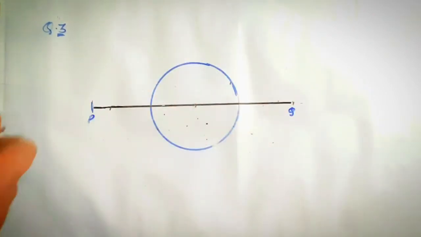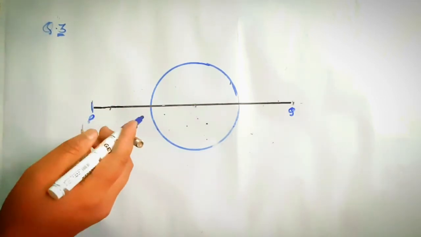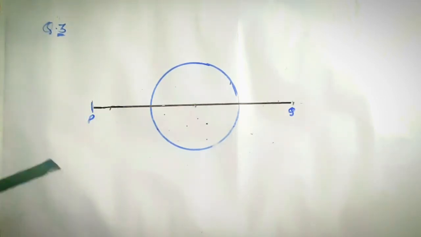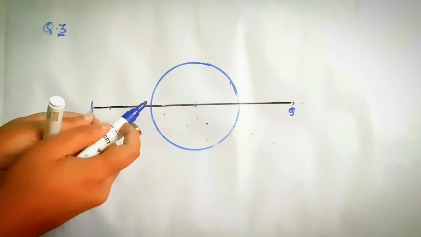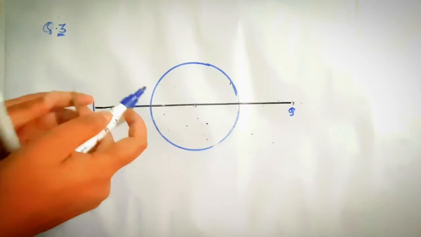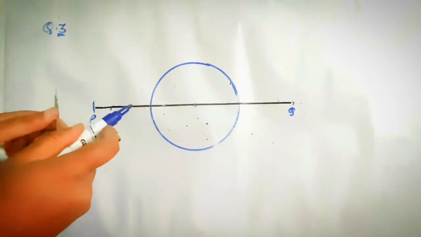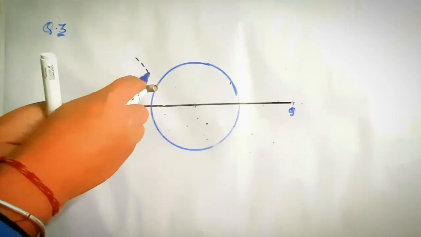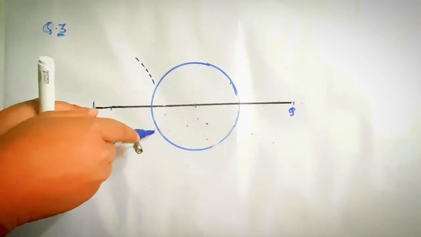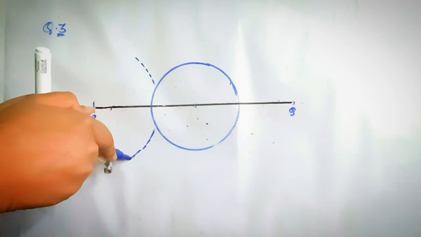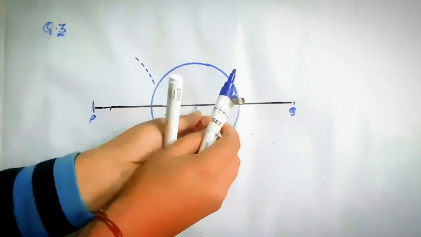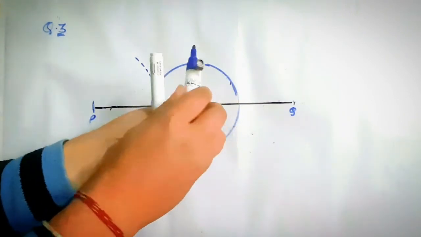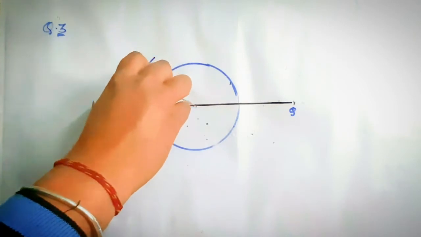From these 2 points P and Q, we have to draw tangents to the circle. So first of all, to find the point of contact, we have to draw the perpendicular bisector. Open more than half and then draw arcs from P. Keep it same.